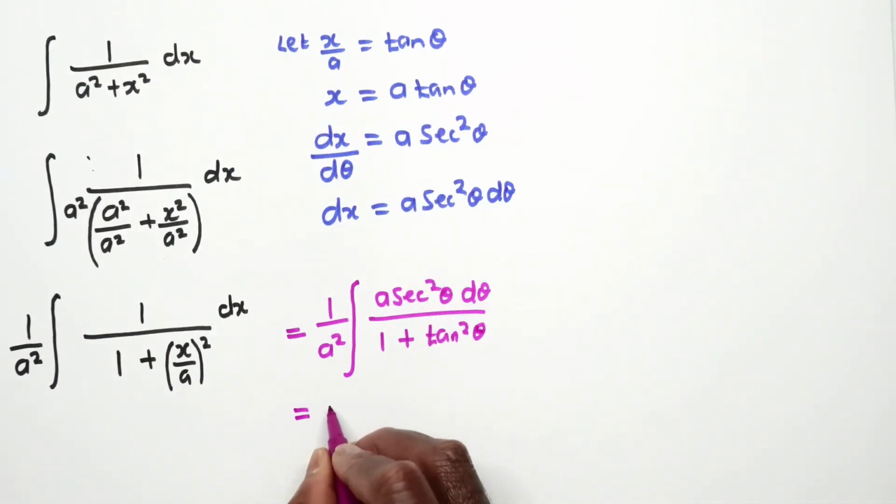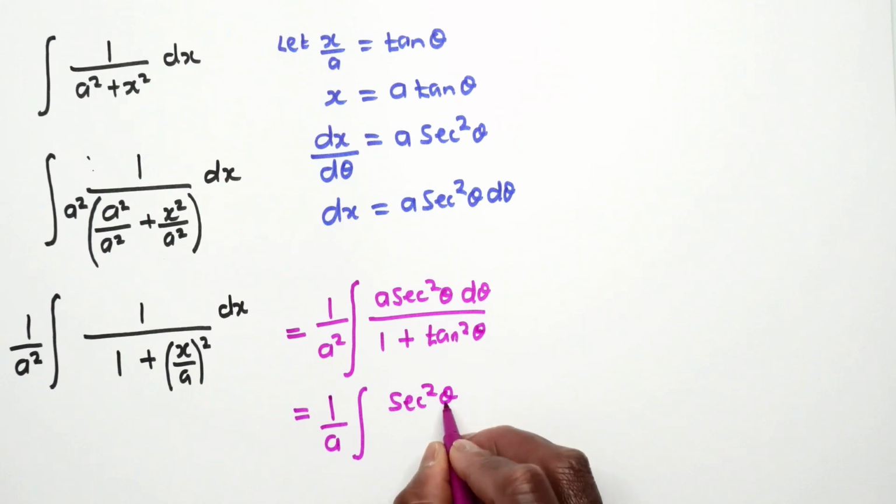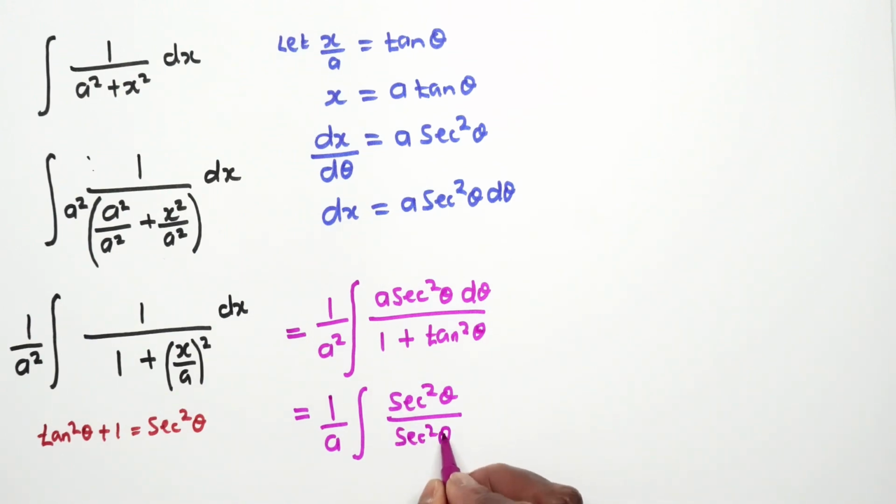That can be written, cancelling an a, as 1 over a integral of sec squared theta. The trig identity we are familiar with is tan squared theta plus 1 equals sec squared theta, the Pythagorean identity. So I have sec squared theta d theta on top, and that cancels.